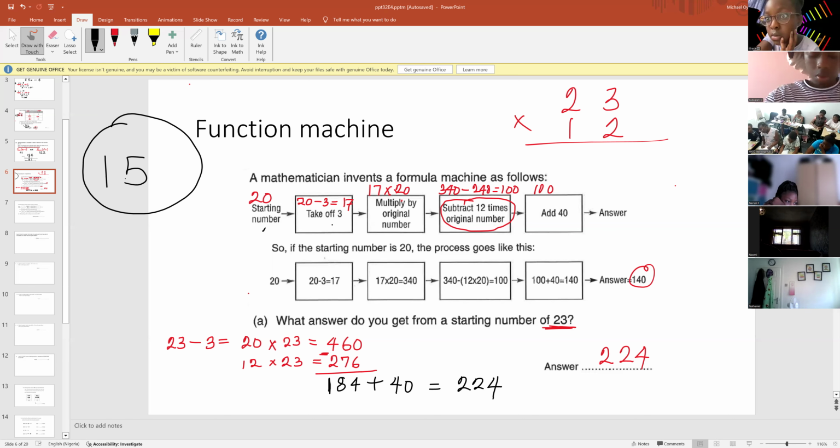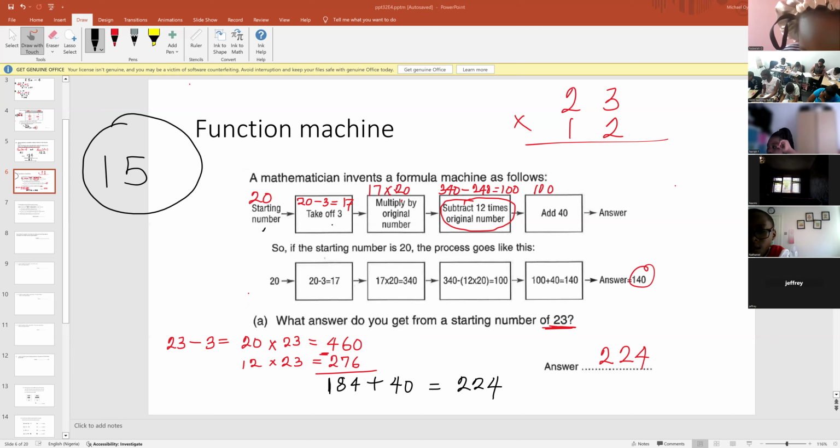Wait, what? I just get the same number. I don't understand how I can do 20 times 23.